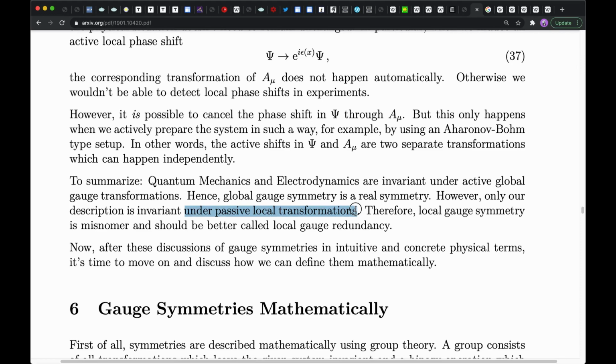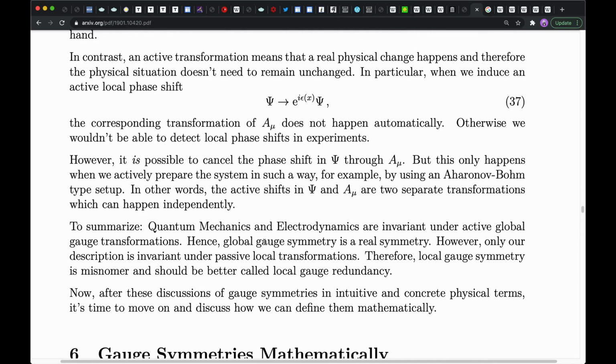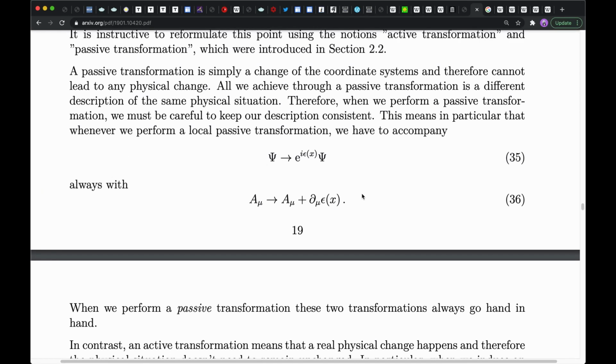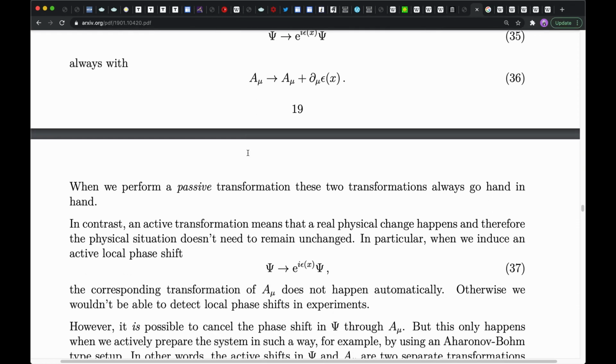Therefore, local gauge symmetry is just a redundancy. So basically we can passively transform our notation locally by using the pair of those formulas, and that will not imply any change in the real system, no real physical change.